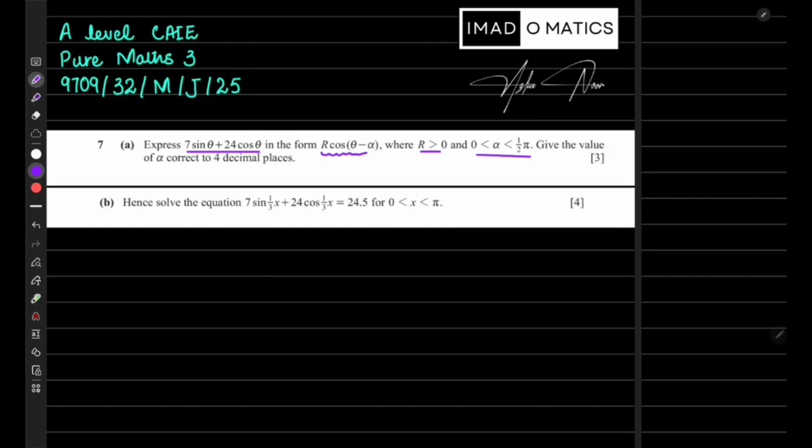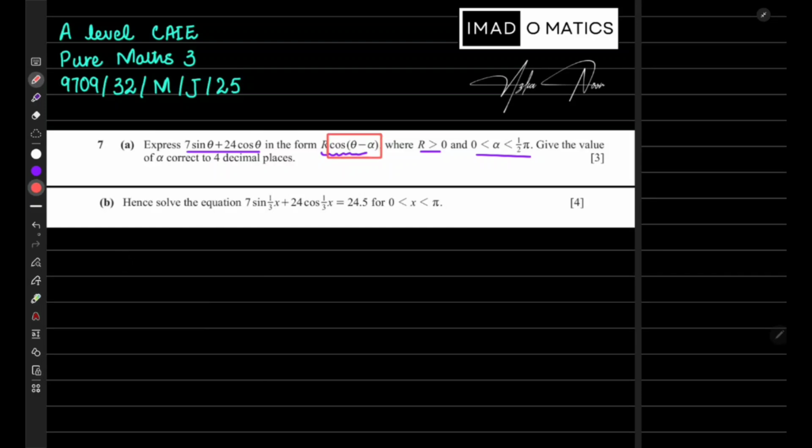So how do we solve such trigonometric questions? We have a trigonometric identity or formula for cos(A plus B) and cos(A minus B). So we use that formula.